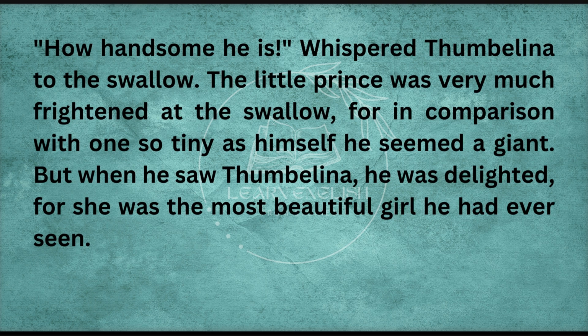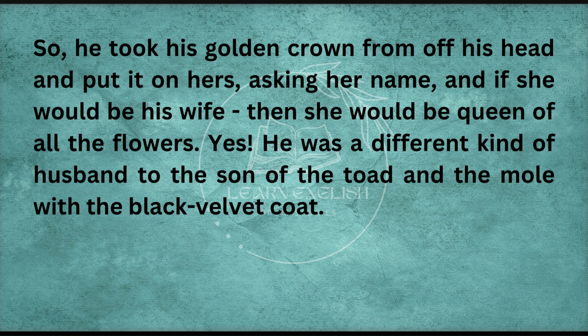But when he saw Thumbelina, he was delighted, for she was the most beautiful girl he had ever seen. So he took his golden crown from off his head and put it on hers, asking her name, and if she would be his wife, then she would be queen of all the flowers.